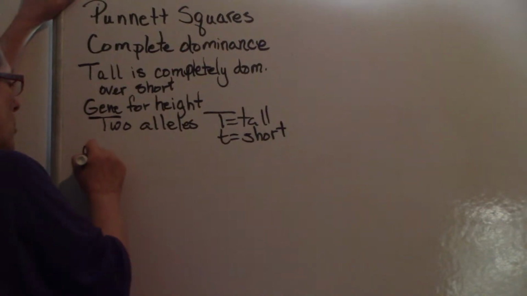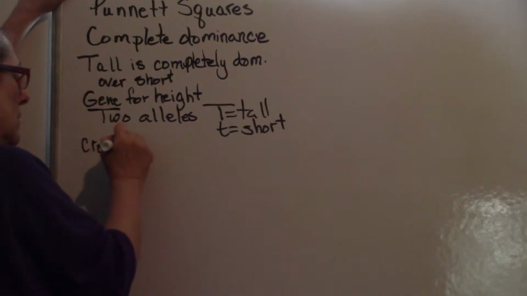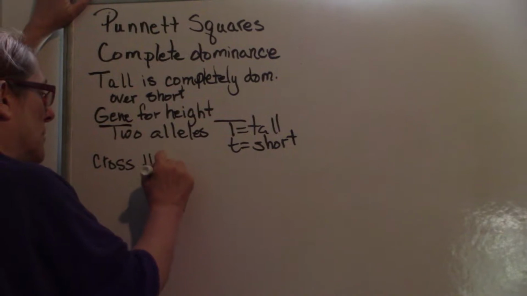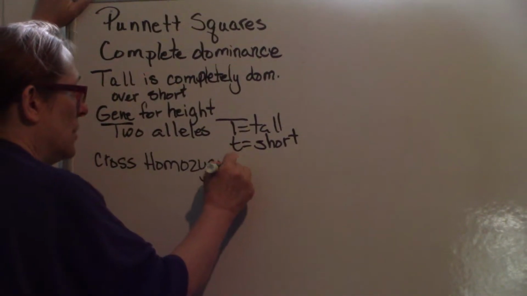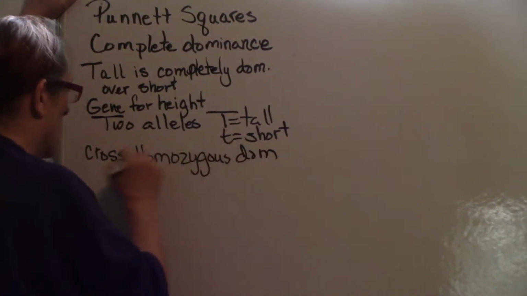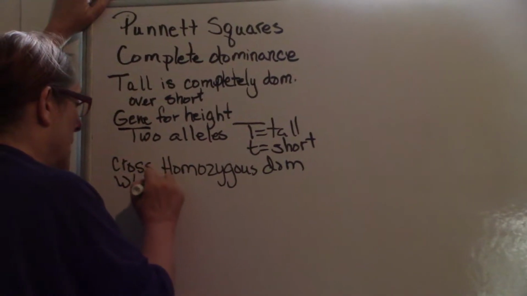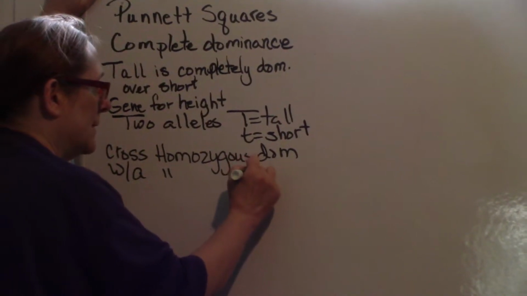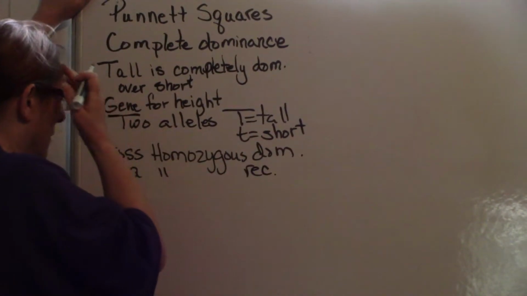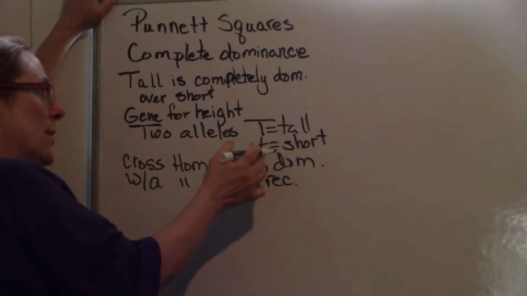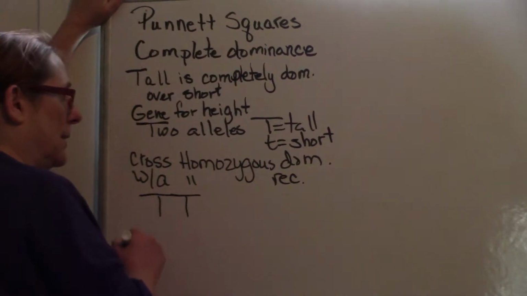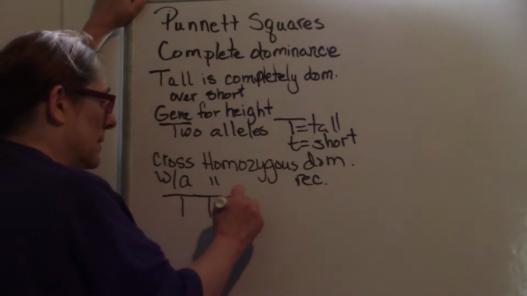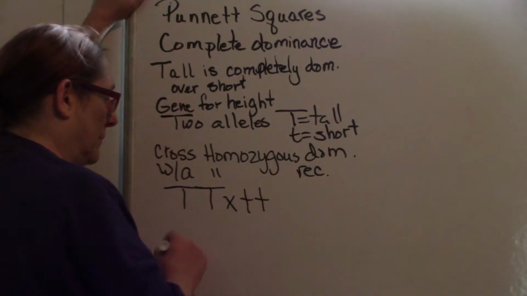So if we cross a homozygous dominant with a homozygous recessive, again abbreviating these, what does that translate to? Homozygous dominant, big T big T, times little t little t.